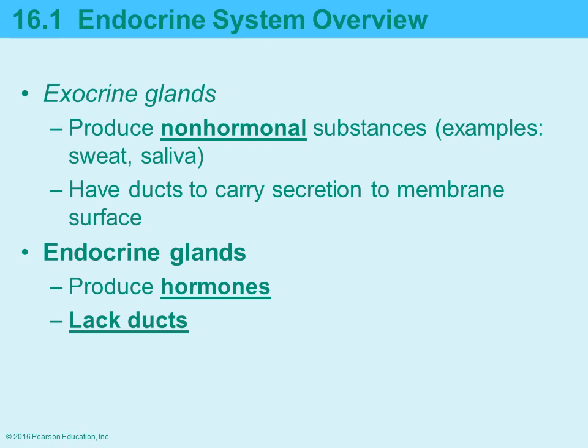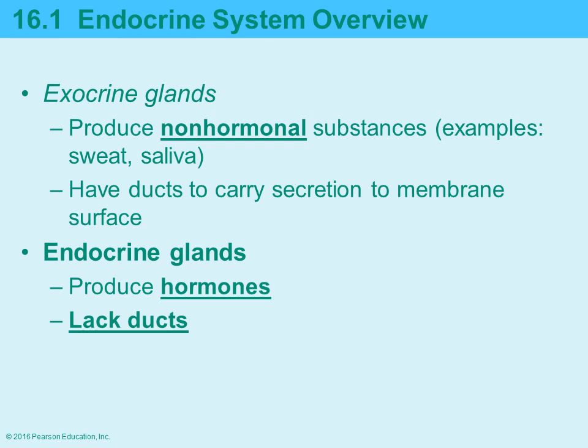There's two types of glands. There's exocrine glands and endocrine glands. Exocrine glands, if you remember from way back studying the integumentary system, have ducts that will help to carry whatever's being secreted in that gland, such as, say, oils, to the membrane surface.